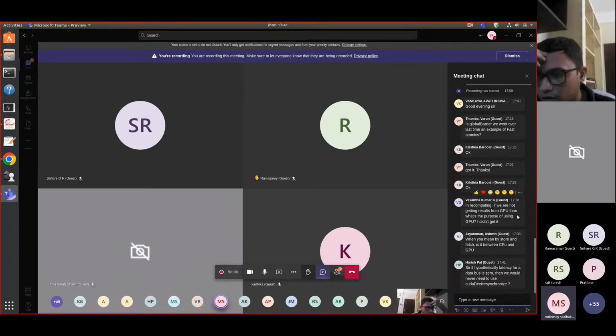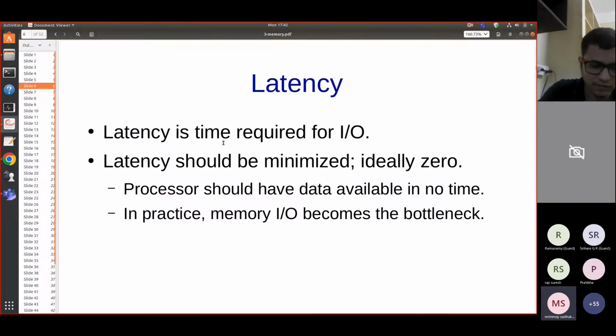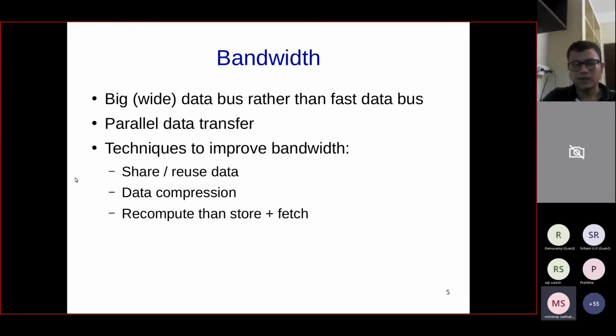Okay, we have a question here. Yeah, that is correct. If we are not getting results from the GPU, then what is the purpose of using the GPU? That's correct. But as I told earlier, all these techniques that I'm talking about are generic techniques.